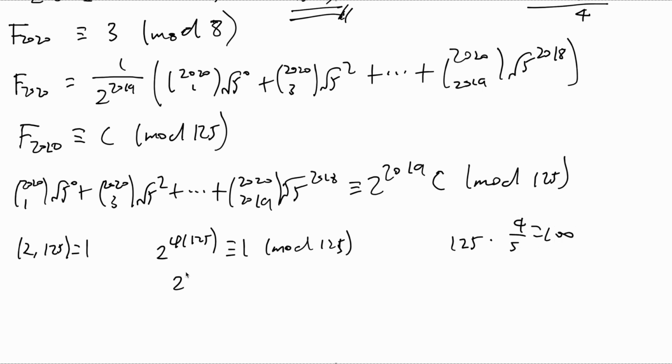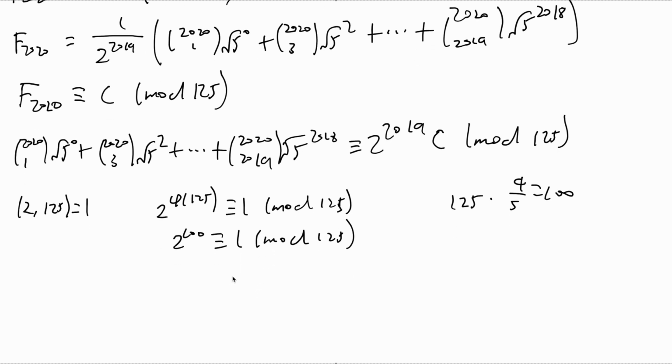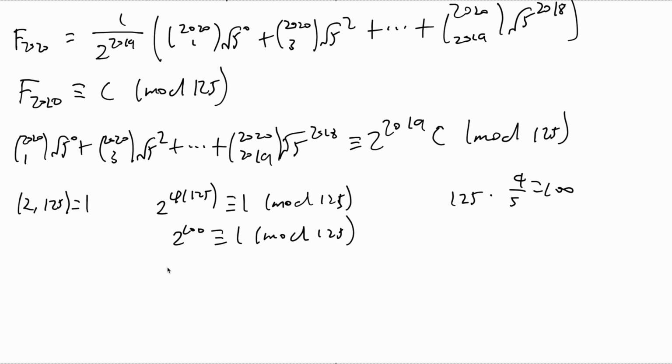So we know that 2 to the power of 100 is congruent to 1 mod 125. Therefore, 2 to the power of 2019 is congruent to 2 to the power of 19 mod 125.